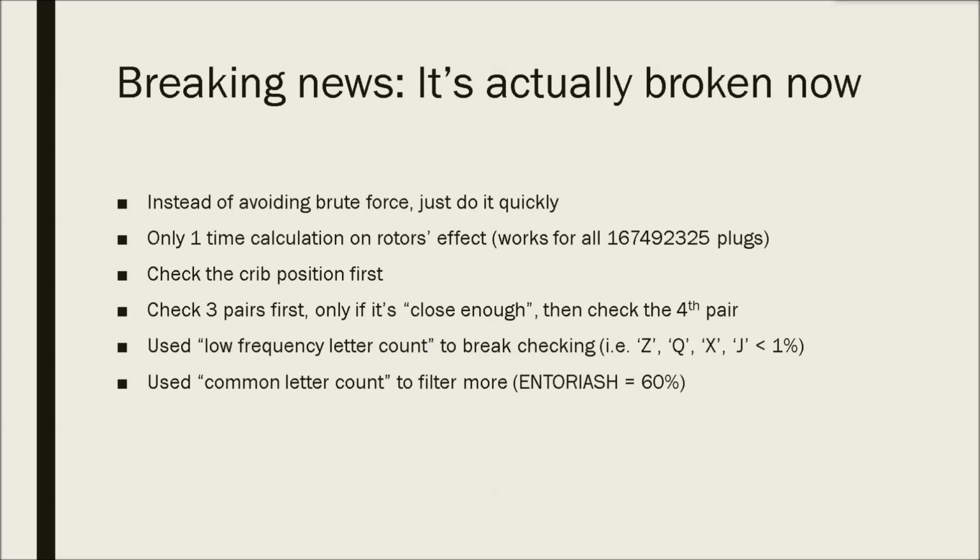So how do we do this kind of language recognition so quickly? It's actually, very importantly, the non-language recognition. The low frequency letters in English are Z, Q, X, and J. All of them added together is actually less than 1%. So out of a string that is length 67, how many of them do you actually expect to see?